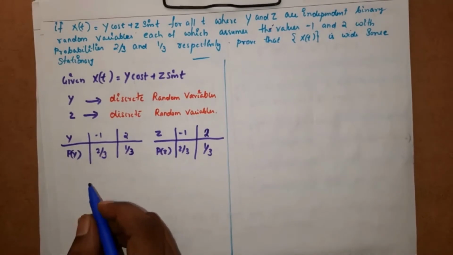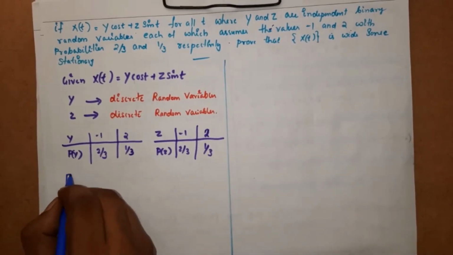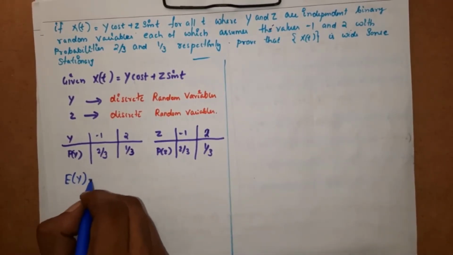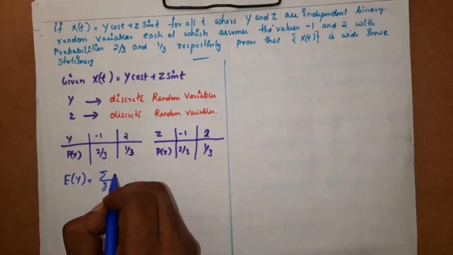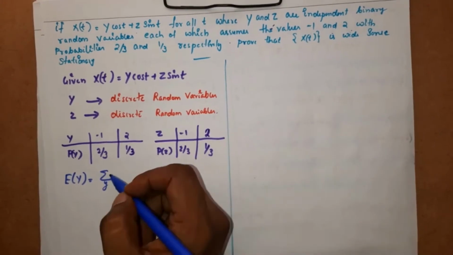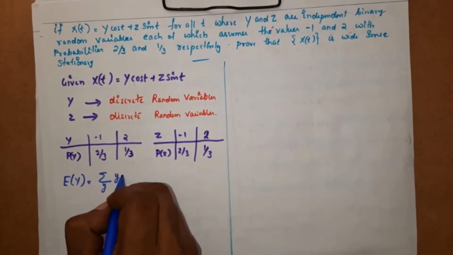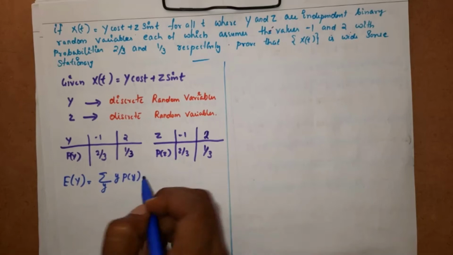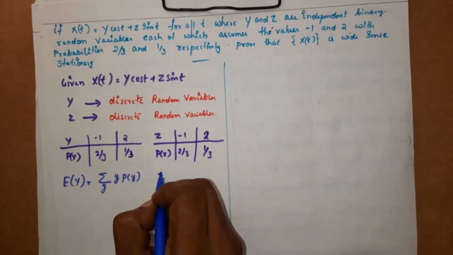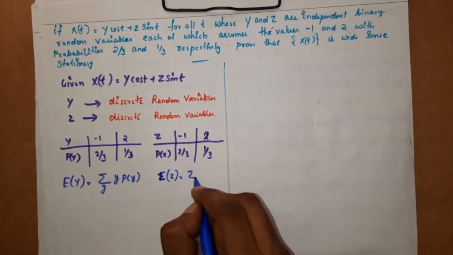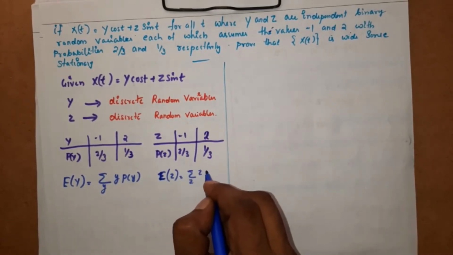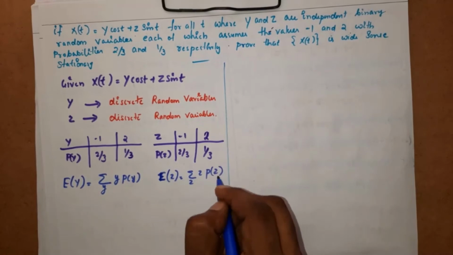Now we can find the expectation of y. Expectation of y is equal to summation over y into p of y. Similarly, expectation of z is equal to summation over z into p of z.